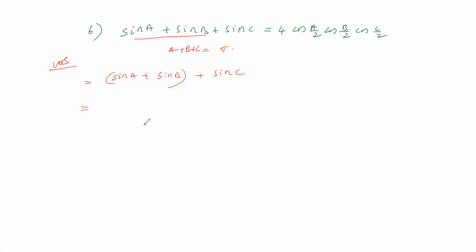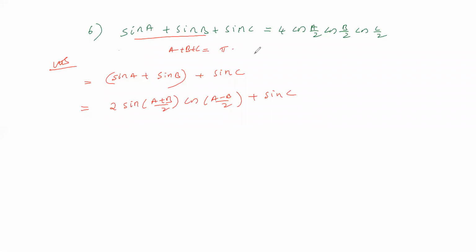What is the formula for sin A plus sin B? 2 sin((A plus B) by 2) into cos((A minus B) by 2), plus this sin C we have written.